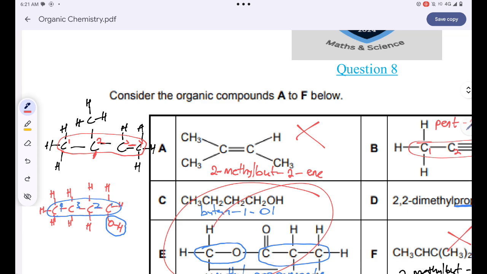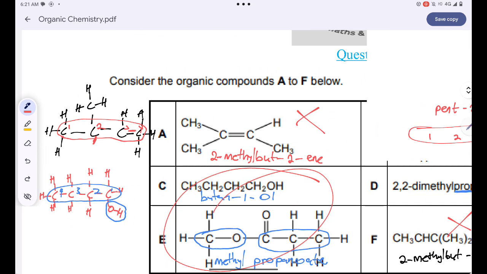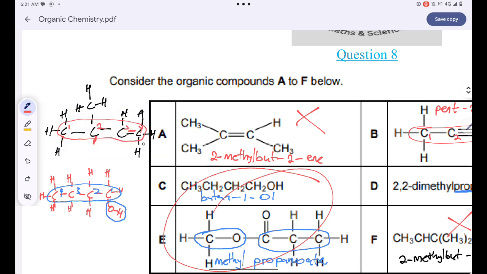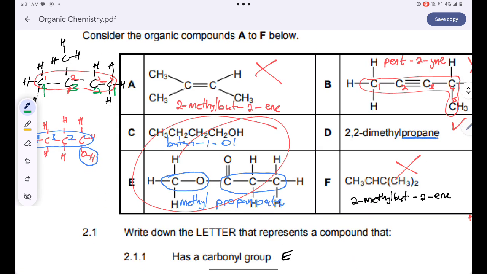So the IUPAC name completely changes, because now whenever you number your carbons, you'll start numbering from this carbon. Let me use a different ink. This will now be carbon number 1, 2, 3, and 4, because you always start numbering closer to the functional group.